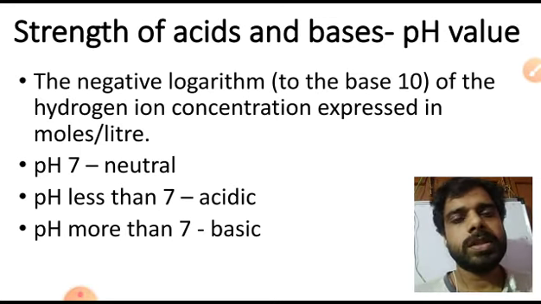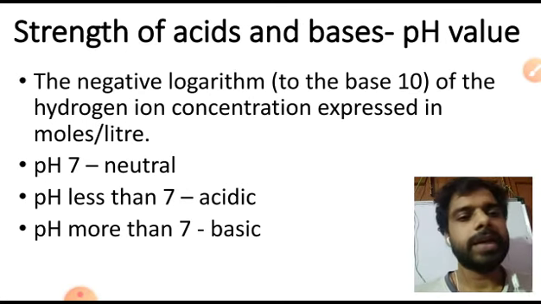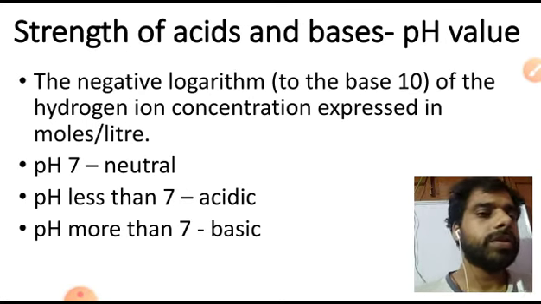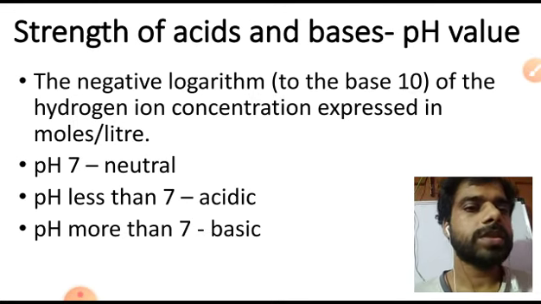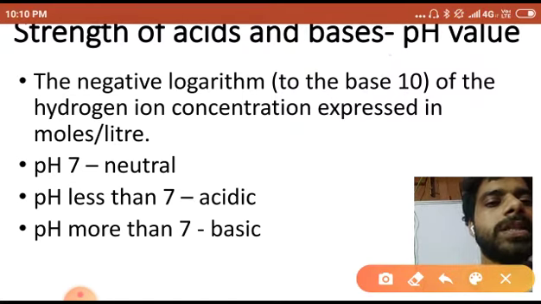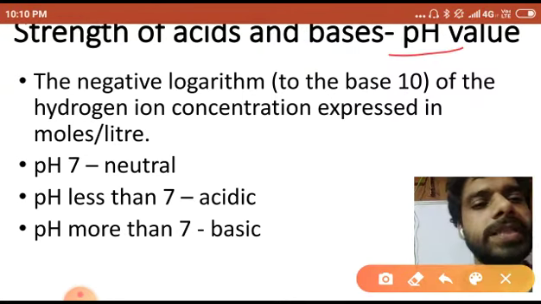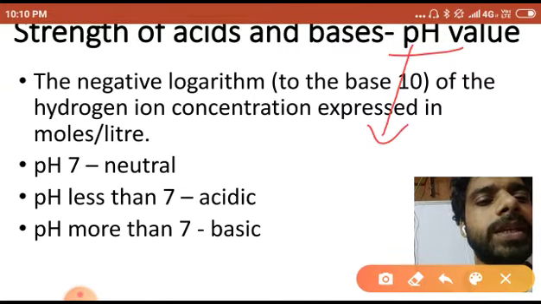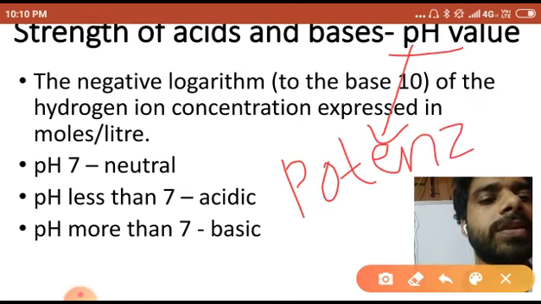Dear students, in this video, we will talk about the strength of acids and bases, and that one we can calculate by calculating the pH value. Okay, dear students. So here you can see pH. pH means what? pH is a word where the full form of P means power or potence.